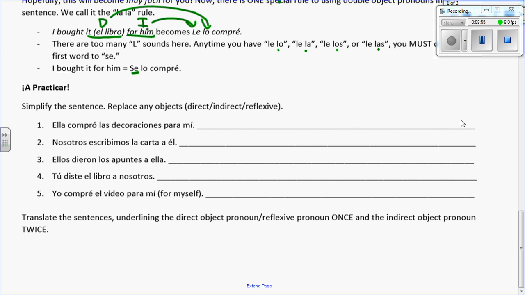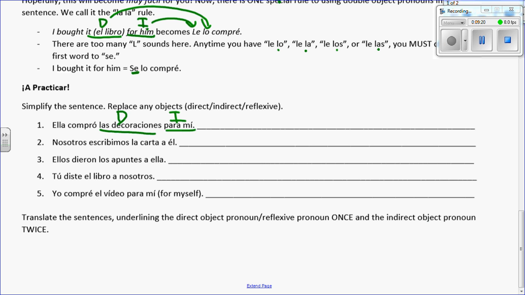What am I going to replace first, or what's my indirect object? So are there any reflexives in the sentence? No. Okay, so who were the decorations bought for? Me. Okay, so what does that leave to be my direct object? The decorations.